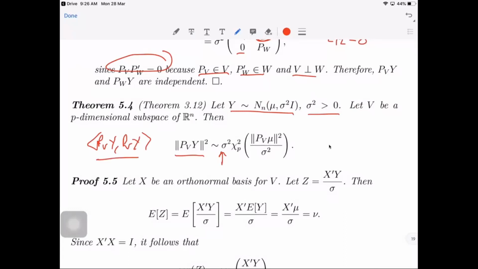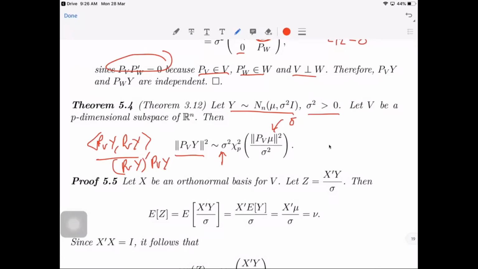So that is good because this is PVY prime PVY, no? Chi-square distributed with this non-centrality parameter, square norm of PV mu over sigma square.